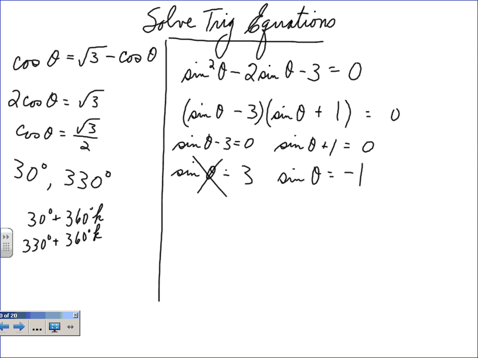There's only one there. So for this problem, there's only one solution, 270. You can't do negative 90. The directions are going to tell you we want all answers where theta is between 0 and 360. It wouldn't be a wrong answer, but we'll follow the boundaries like I said there.